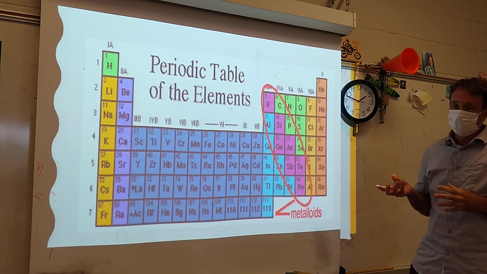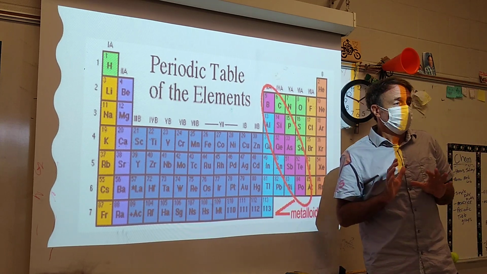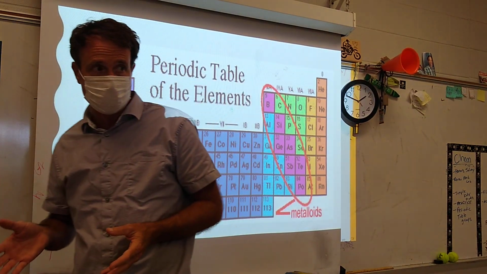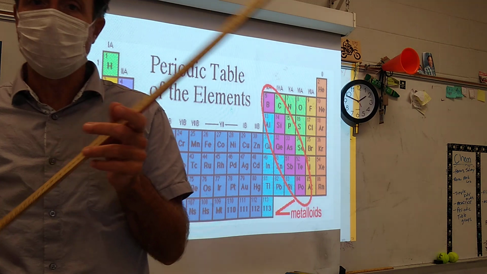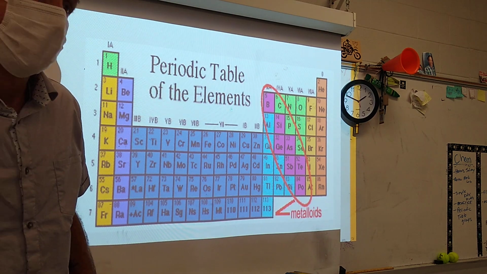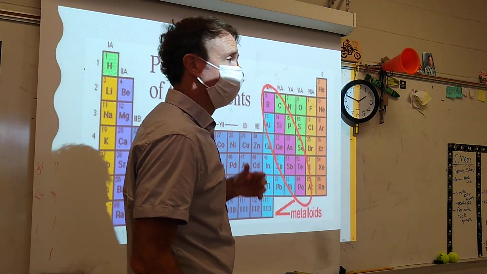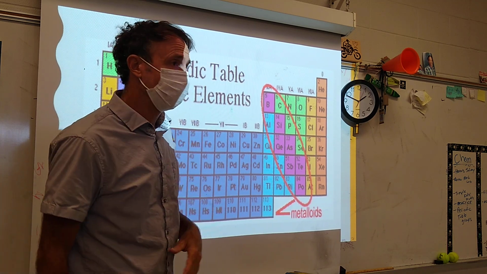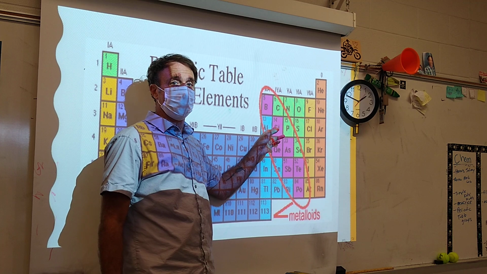We use metalloids because sometimes they can act like a metal and sometimes they can act like a non-metal. Their behavior is environmentally dependent, and the most popular one that I can come up with is silicon.